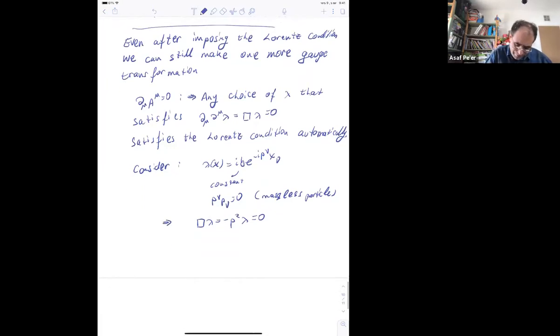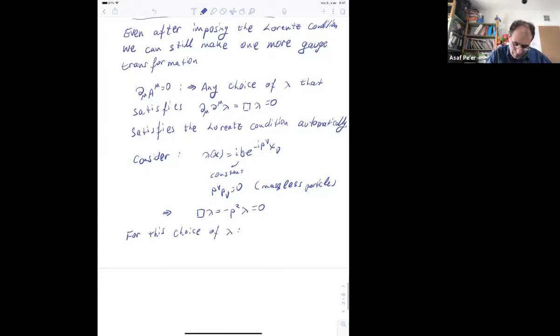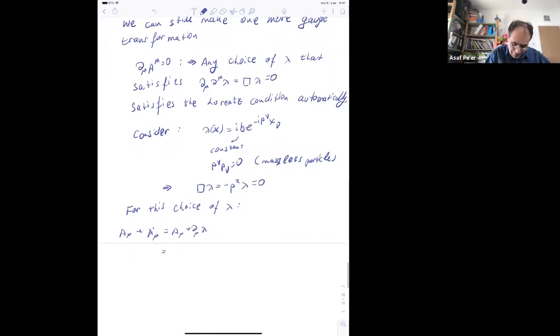So for this choice of lambda, A^μ goes to A'^μ. I just lowered the index to avoid confusion here. This will just be A^μ plus ∂^μ λ. So we said that this is just ε^μ e^{-i p_ν x^ν}. I skip the normalization A because I already have one normalization, I don't need more than that.